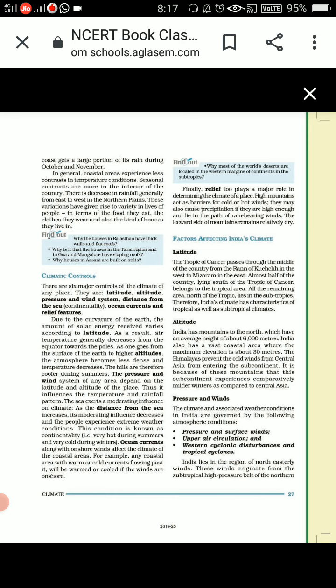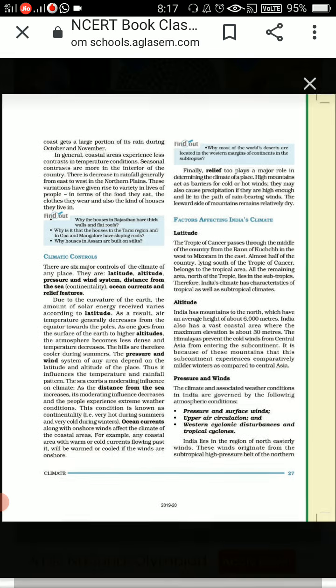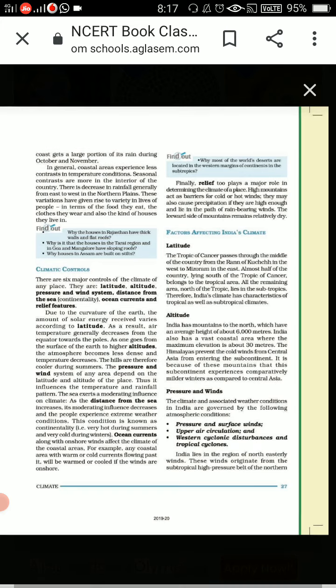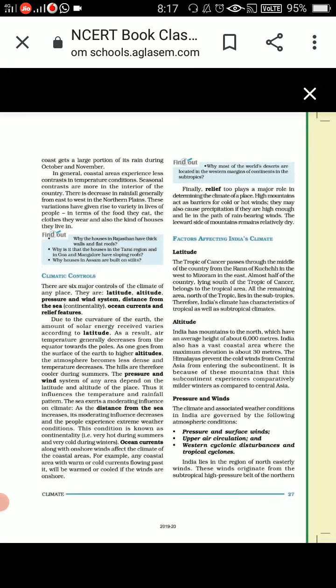If you just think about the hills, there are cooler summers. Then third is the pressure and wind system of any area. It also depends on the latitude and altitude of the place, and it is going to influence the temperature and the rainfall pattern.